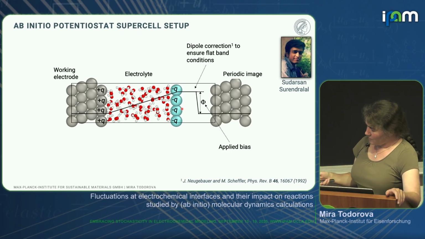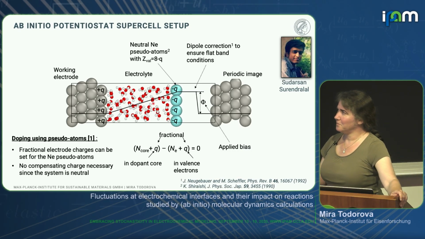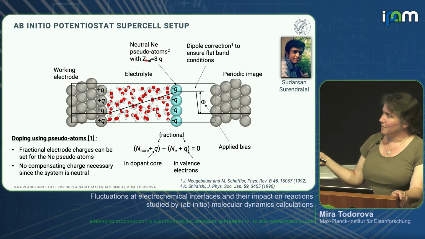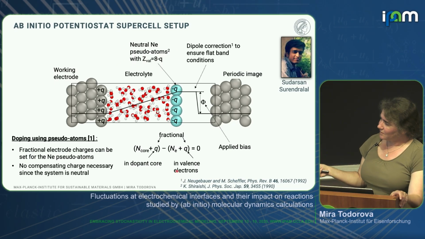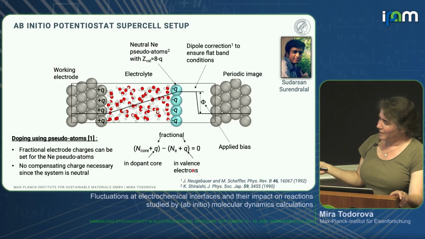Now, to do the charging of the neon, we use something that is very much used in semiconductor physics. We employ pseudoatoms, and these are neutral objects where I change both the core and the valence charge in the same way. So the thing is neutral, and I change it by a fractional number.